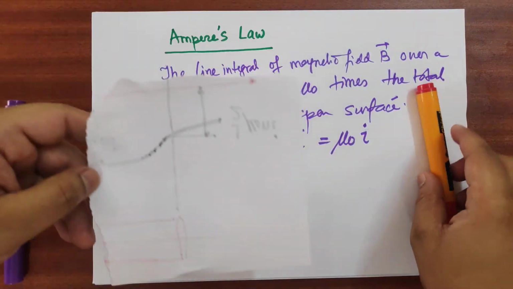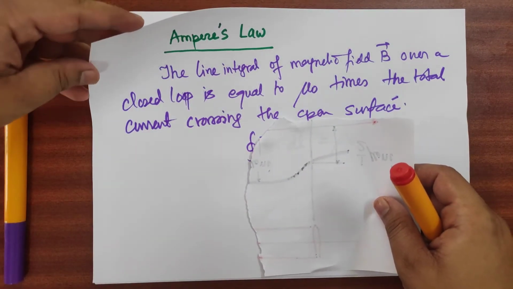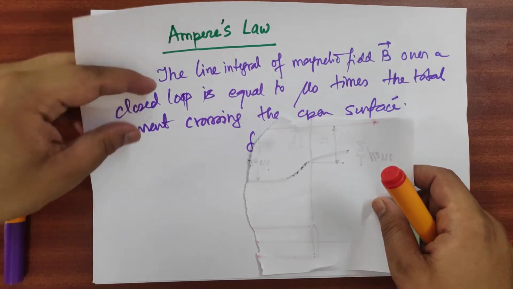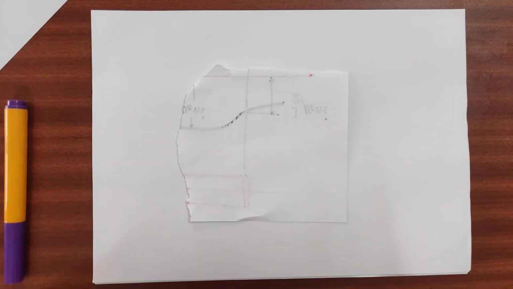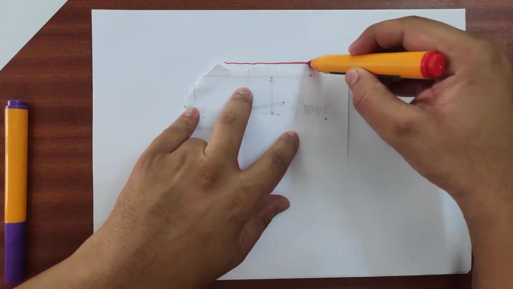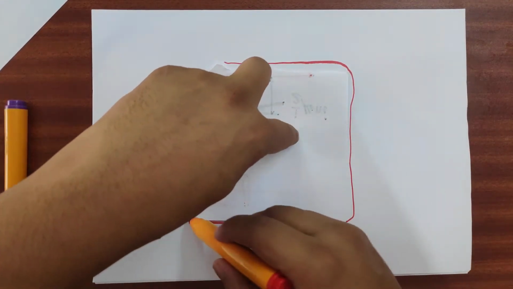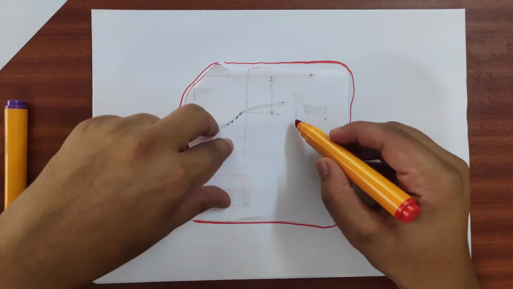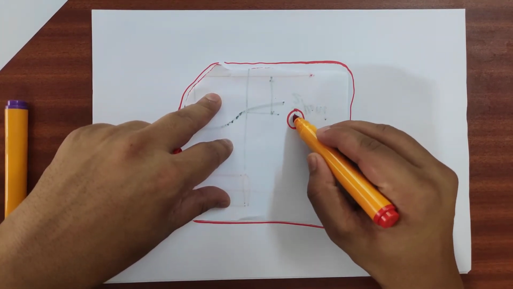Okay, so what we'll do here is that, of the shape of this paper, we have a closed loop like this. And suppose currents cross the paper like this.